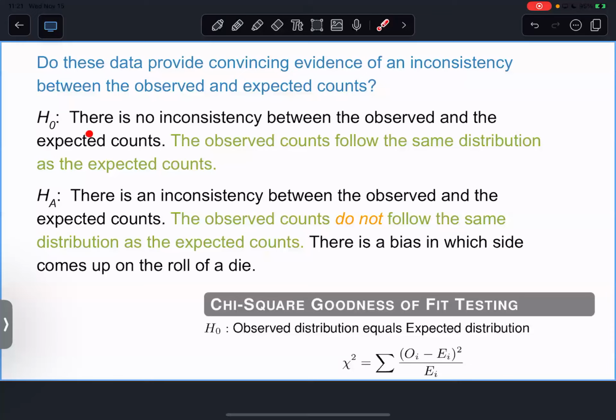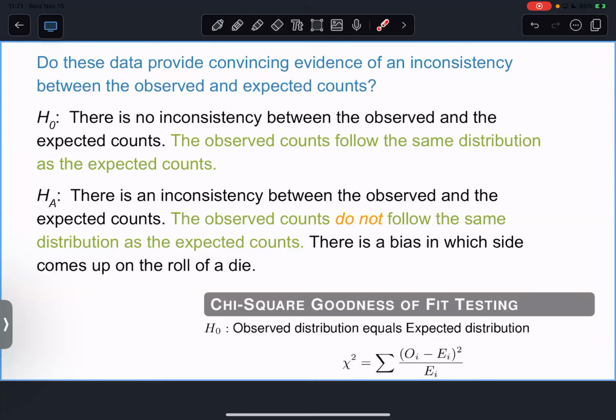But here, our null hypothesis is always that these two things are the same until I have proof otherwise, right? And so there's no inconsistency between the observed and the expected counts. We're still not really talking about dice or anything in particular, and I encourage you to keep it that way. It's safer, right? Not talking about the dice in particular.